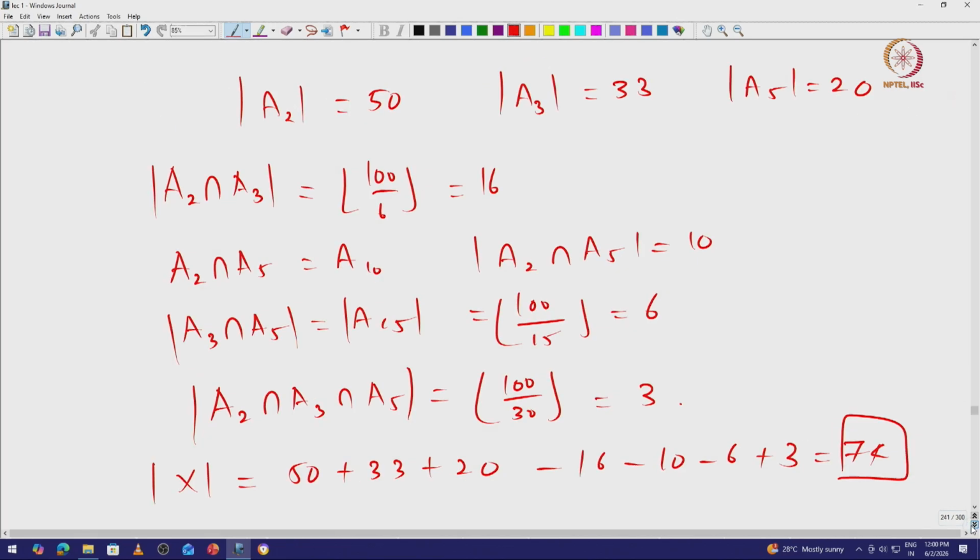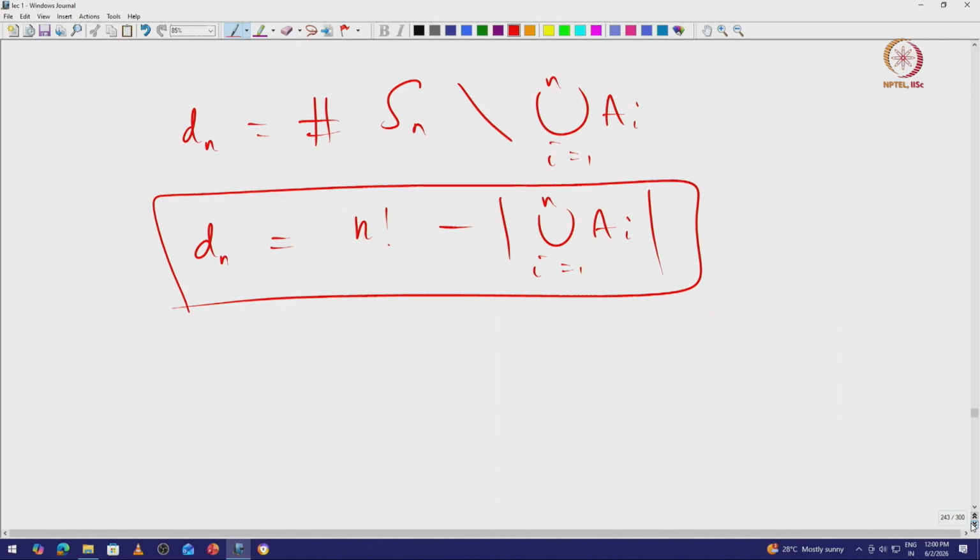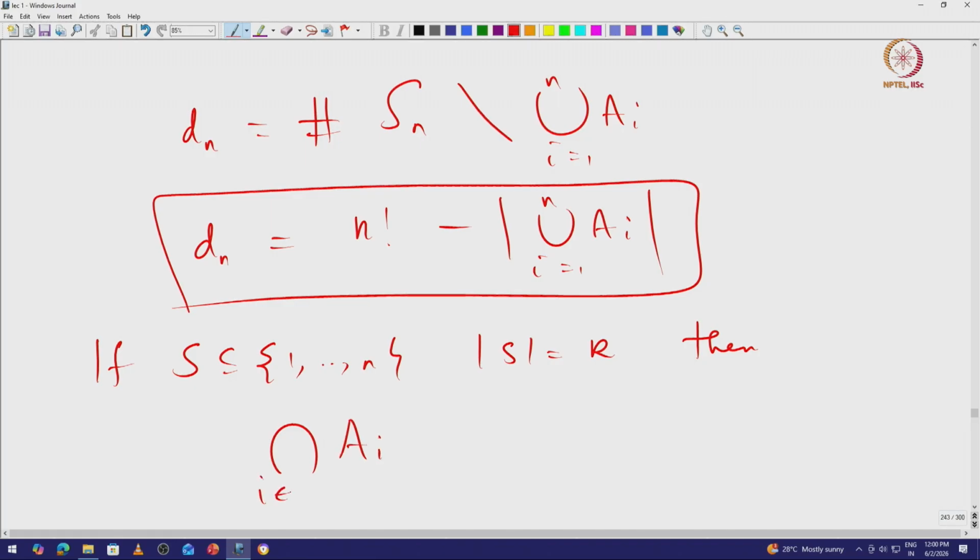So, let us fix some capital S, which is a subset of 1 to n, and let us say the cardinality of S is k. Then we look at the intersection of Ai for i in S. Note that the elements of S are all fixed by the permutations in this intersection.